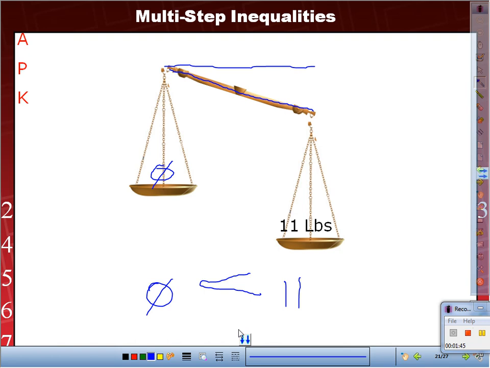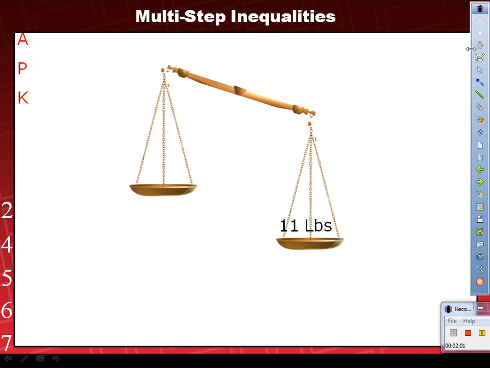So think about the definition of equations. Equations were two expressions equal to one another. Why equal? Because they were like this. But now in inequalities, we have this. So if the definition for equations were two expressions equal to each other, tell your neighbor the definition for inequalities.